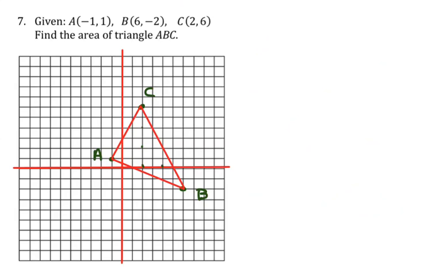And of course, since that's my triangle, then my rectangle, that box that I'm going to put around it, would have been something like this. Going down this way, I'm going to go all the way down to negative 2, and then go over, and go over, up this way.